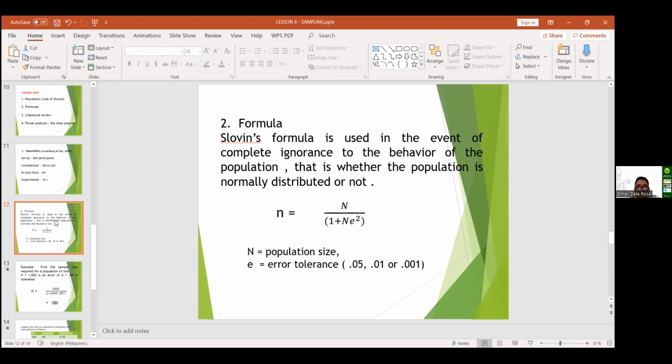Sir, pwede ba gawin nating 100 na lang? Gawin nating 0.000. O edi, what becomes of N? Teresa, pag siniro na natin yung error, ano ang population, anong sample size natin?